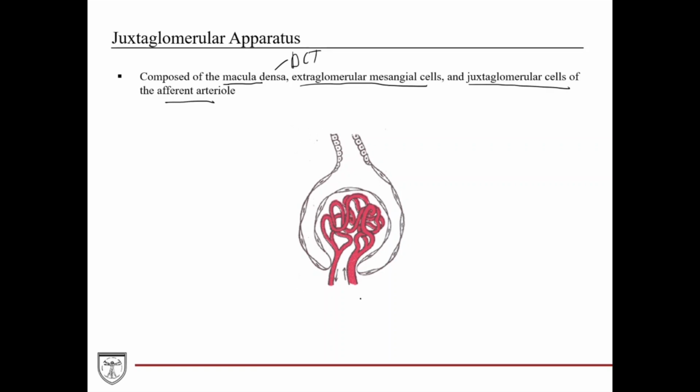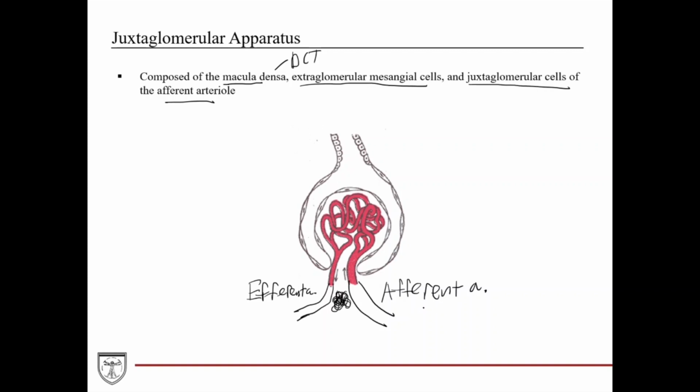So if we go down here, here's a renal corpuscle. Again, we're going to have our afferent arteriole, and then we have our efferent arteriole, and then we have our extraglomerular mesangial cells, which are essentially that connective tissue and supportive cells found between the afferent and efferent arteriole.